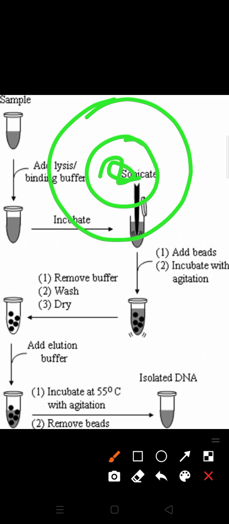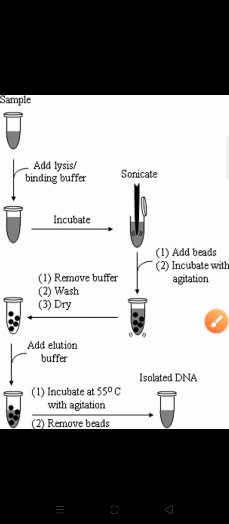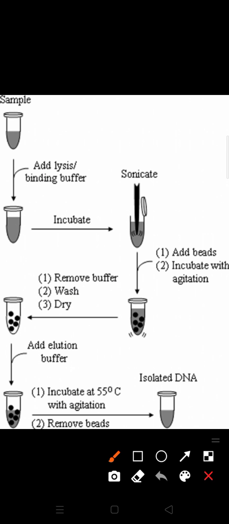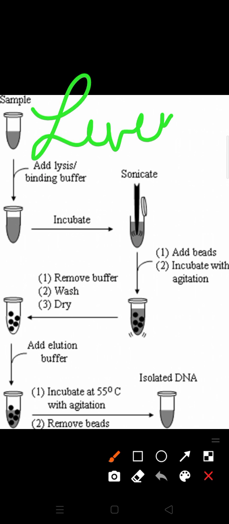Here are the several steps by which we can isolate DNA. One diagram has been given here. From the sample, by these several steps we can ultimately get isolated DNA. In a simple manner I'll tell you once again. Suppose this is a living cell, and tissue.